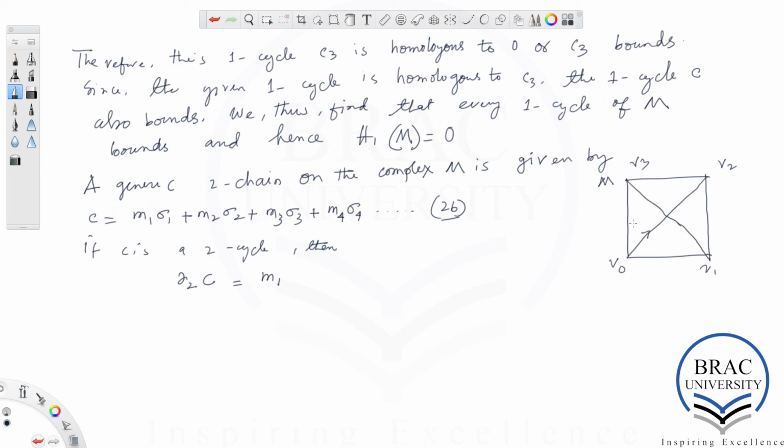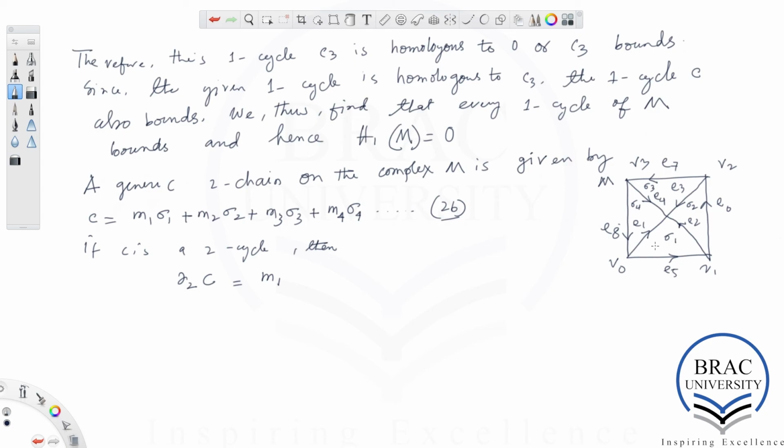This is E1, E2, E3, E4, and this is E5, E6, E7, and E8. Okay, and there is sigma 1, sigma 2, sigma 3, and sigma 4.